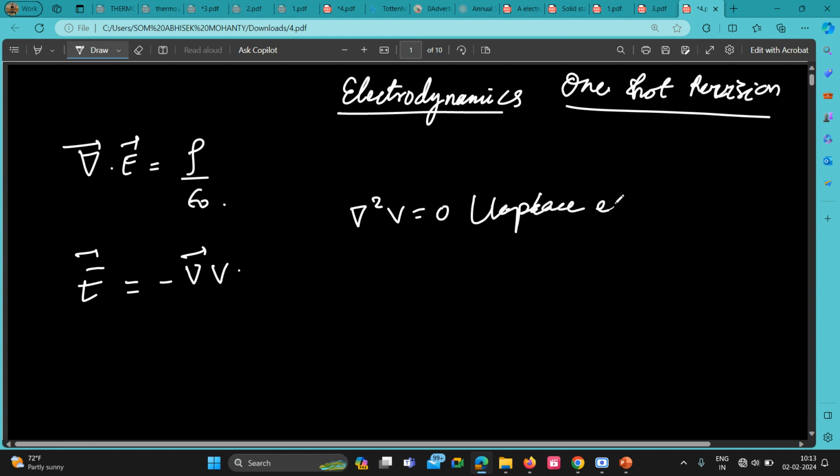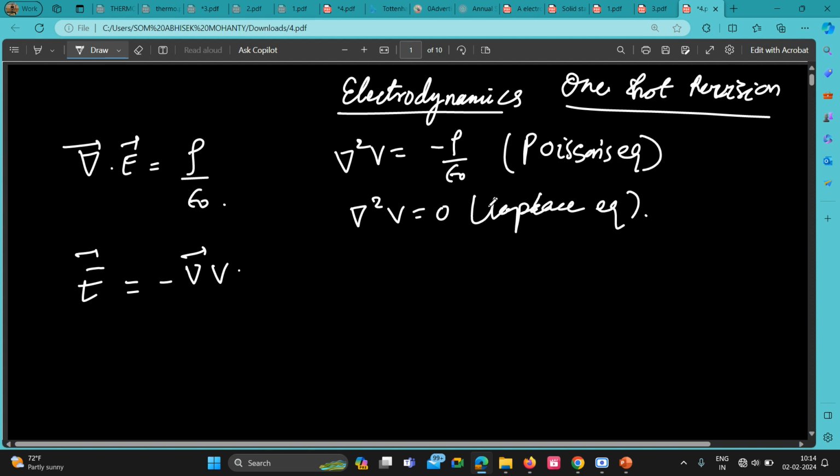And del square V is equal to minus rho by epsilon naught; this is the Poisson's equation. If charge density is 0, then this equation becomes 0.